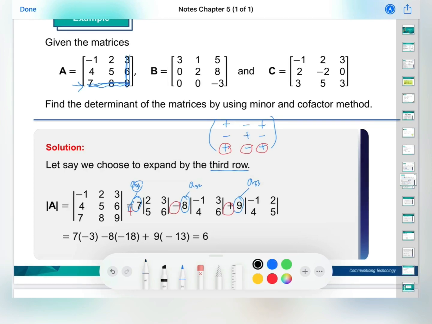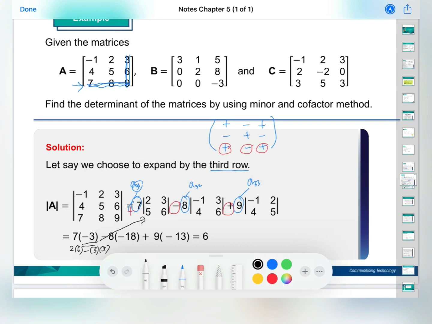So next you just do the multiplication and do the determinant of 2 times 2, which is AD minus BC. Your AD here is 2 times 6 minus 3 times 5 for this matrix.